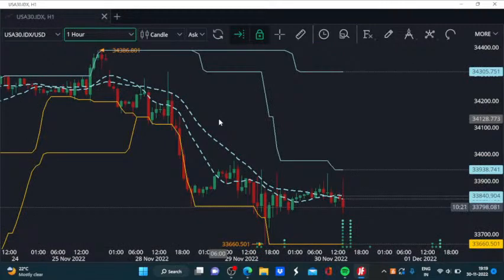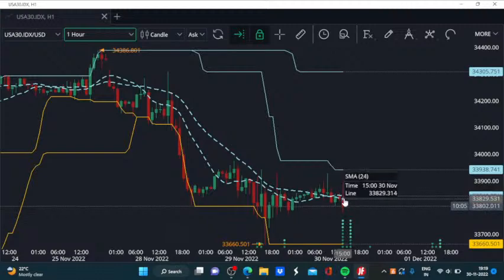And if we look at the larger picture of the Dow Jones Industrial Average, then we have a situation where the Dow Jones has consolidated closer to its 24 hours average price. And right now, the last 12 hours average price is above the 24 hours average price, but it is not really able to sustain itself above this range.